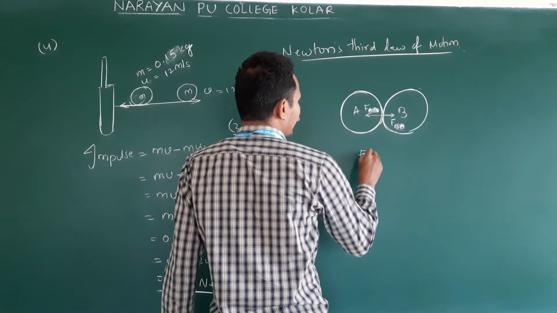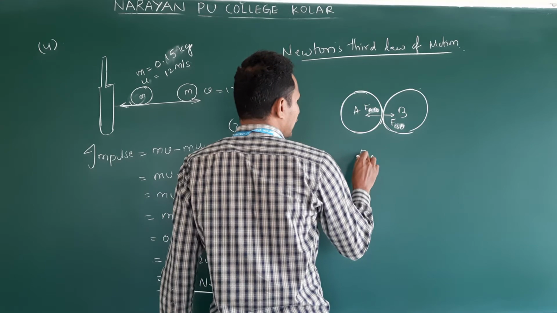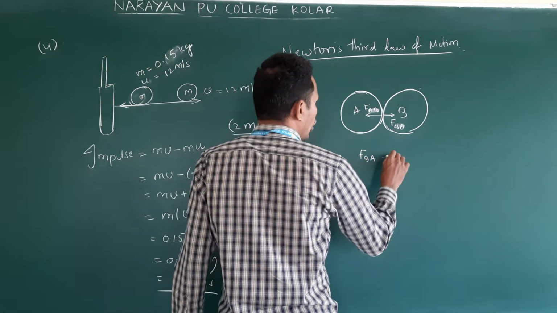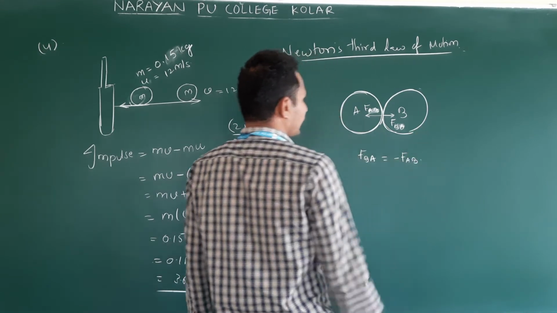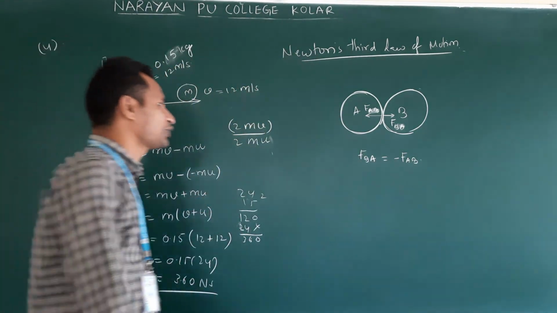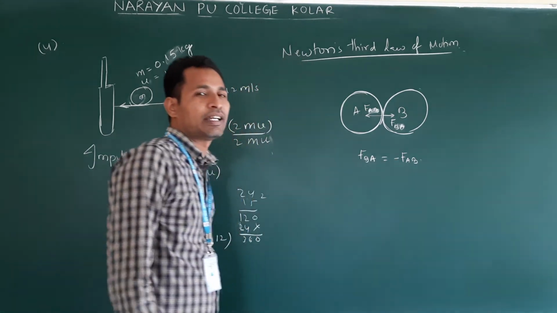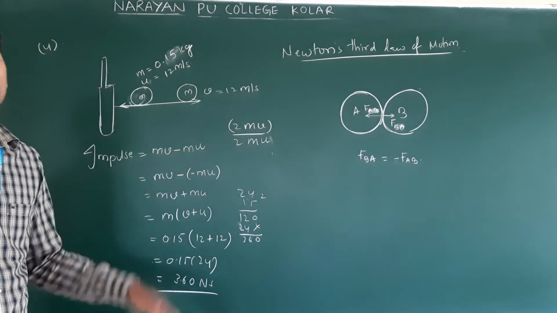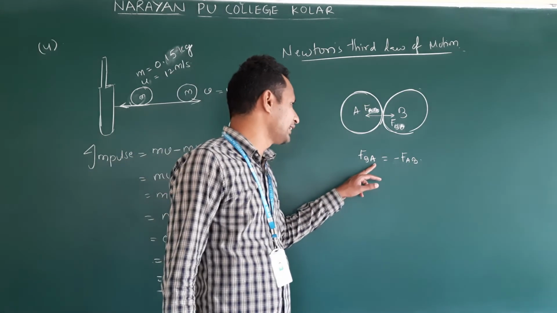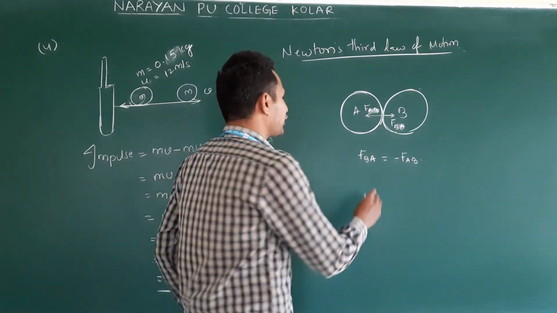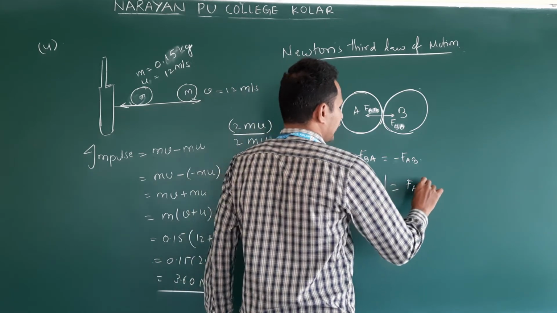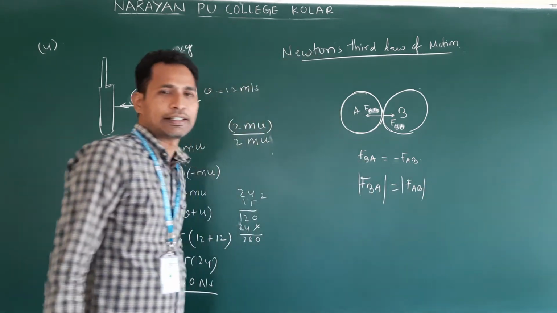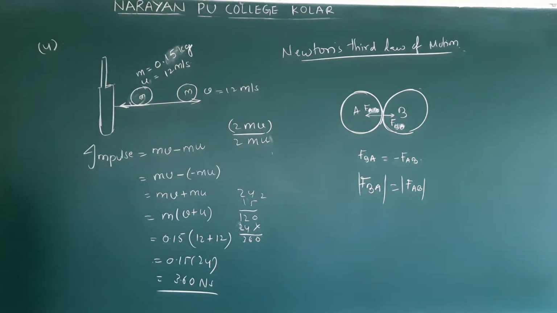If you take F_BA, meaning force on B due to A, as positive, then obviously the equivalent force F_AB is in the opposite direction. That's why we mention the minus. The magnitude remains the same. Whatever F_BA is, F_AB is also the same. Their magnitudes are equal, so F_BA is equal to F_AB. Clear? Remember this point, according to Newton's third law.